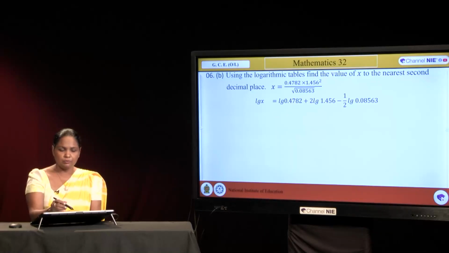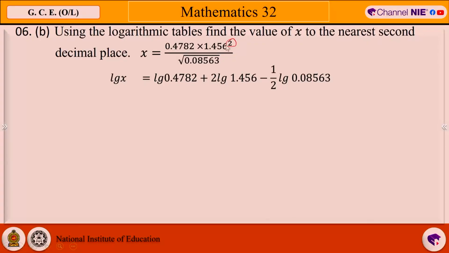Here you know how to write this power 2 and how to write this square root when you apply logarithm laws. Accordingly, you can find the log value of each term. Then you will get the log value of 0.4782 as bar 1.6796.